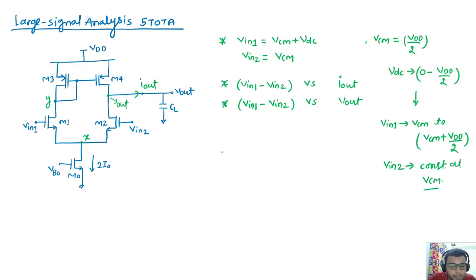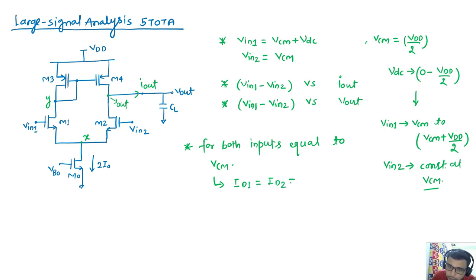So what will happen when both the inputs are the same, that is the common mode VCM? Then the current expected to flow is equal. So for both inputs equal to VCM, the current is expected ID1 equal to ID2 equal to I naught, if 2 I naught is flowing through M naught.